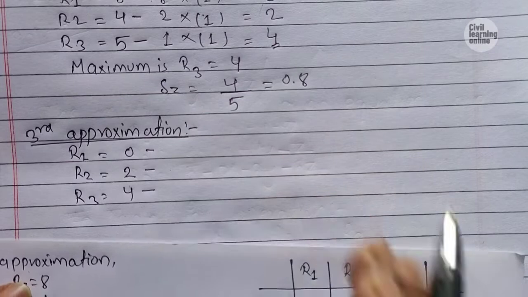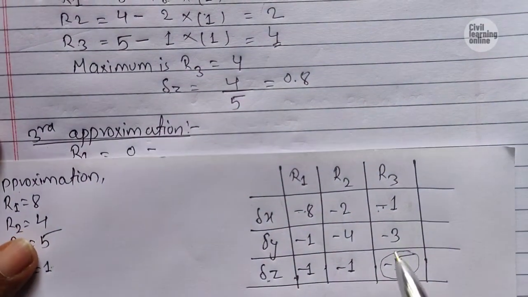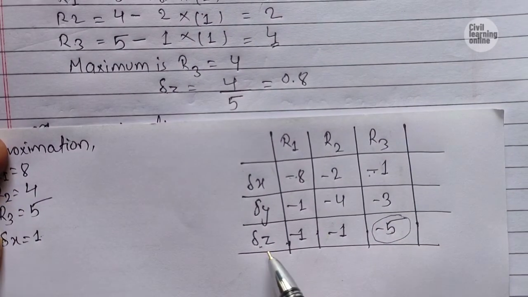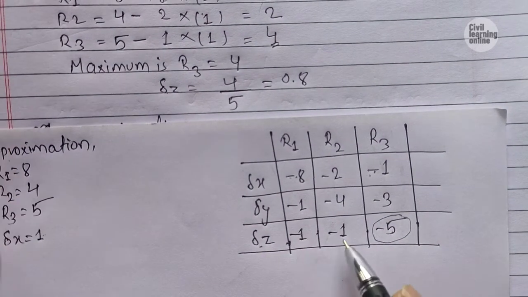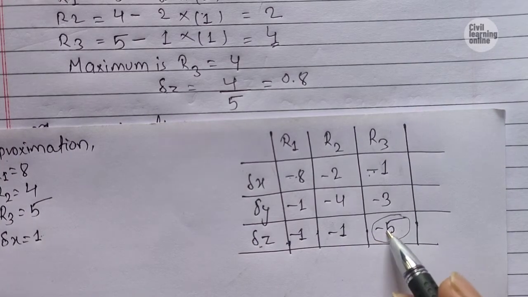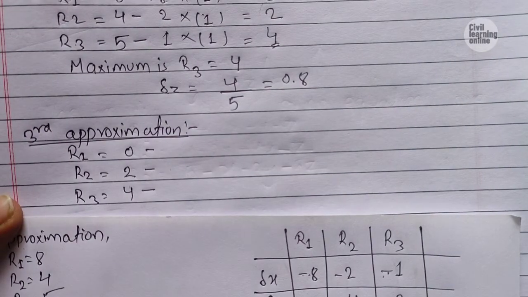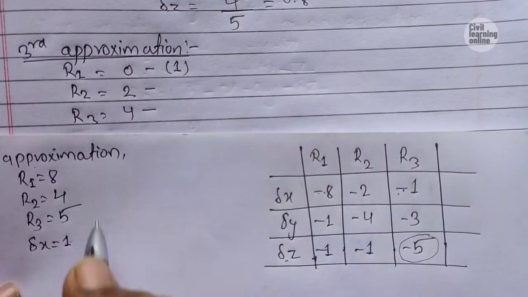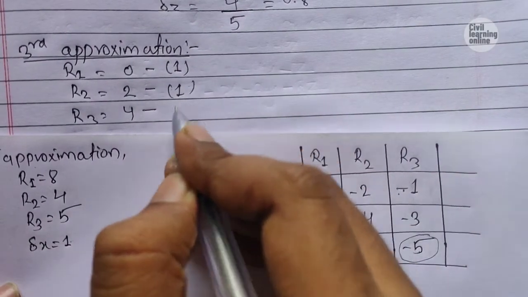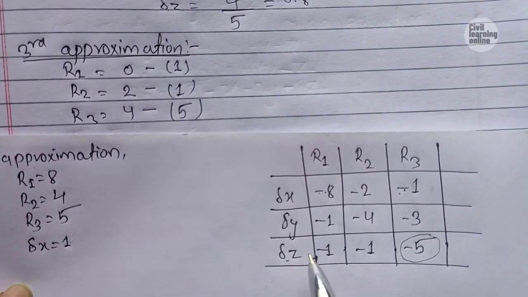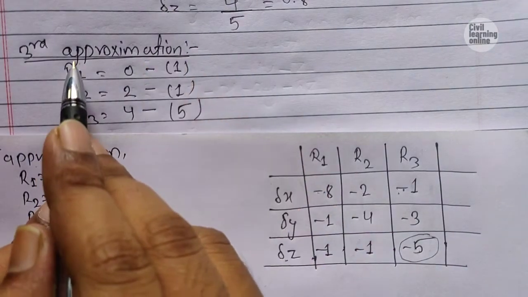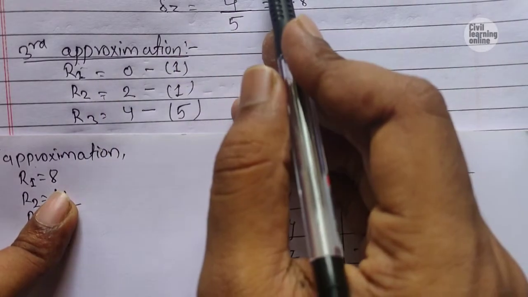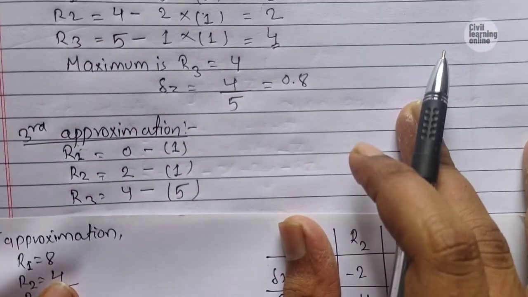Now we have del z, so we will subtract this value at the end, but before that, in del z we have minus 1, minus 1 and minus 5. So change the sign, so we will have here 1, 1, 5. I hope you are understanding. Here we have taken the values of r1, r2, r3 which we got from second approximation in third approximation.